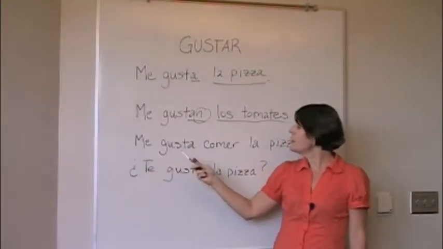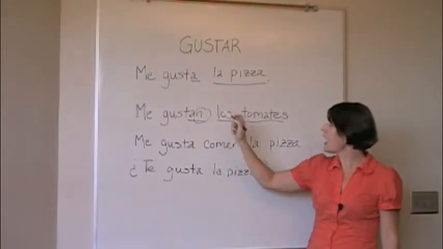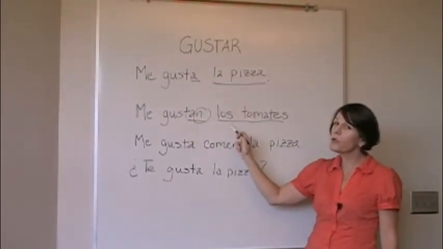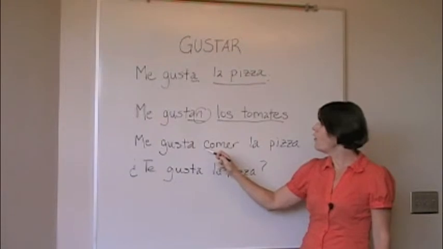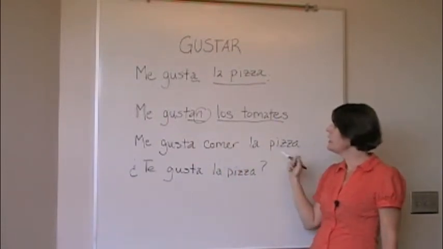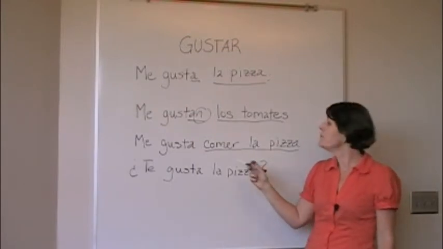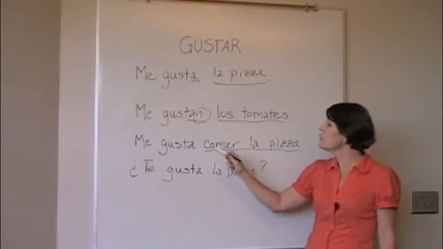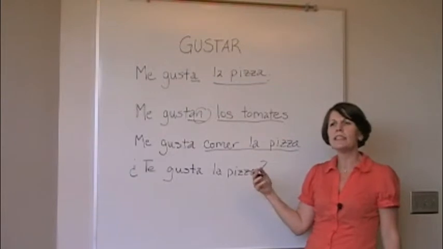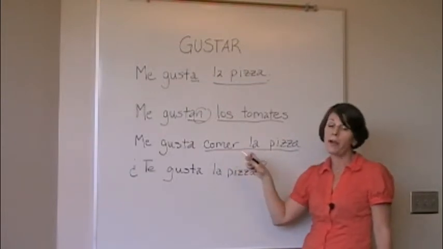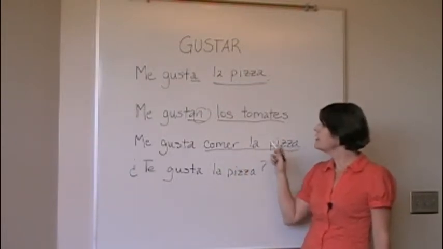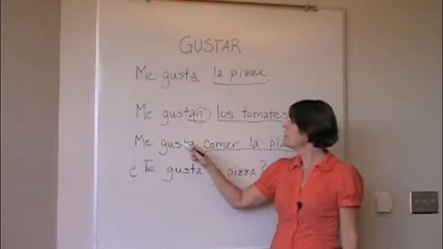Now, what happens if the subject of the sentence is not a singular noun or a plural noun, but instead it's a verb? Eating pizza. Comer la pizza. In this case, you use the infinitive. In English, we would say eating. In Spanish, you say comer. Eating pizza is pleasing to me.